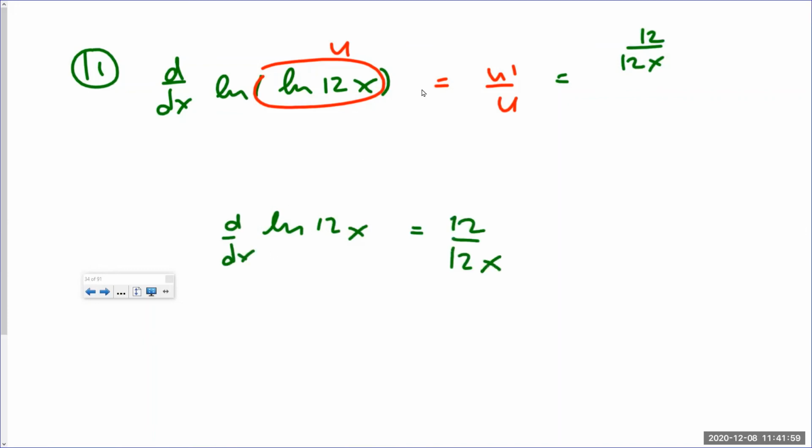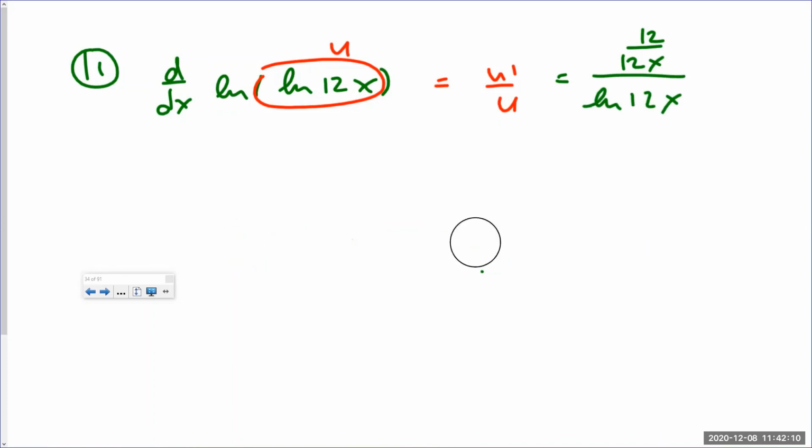So u prime is going to be 12 over 12x. Now, what did I say was my u? And so that would go in the bottom. Guys, if I have 12 over 12, what's 12 over 12? 1. So do you guys see that this is actually 1 over x?